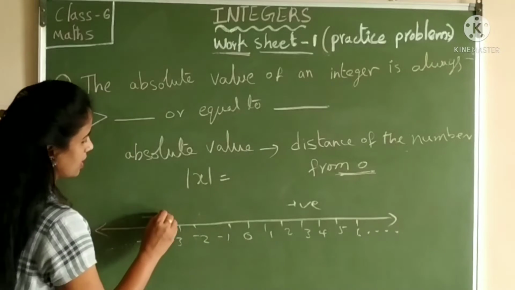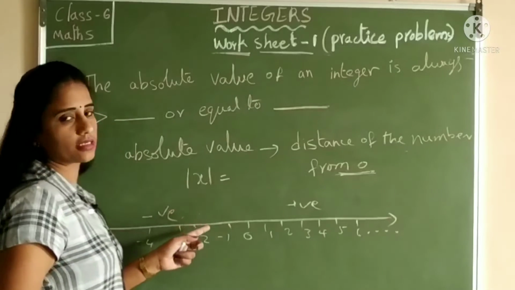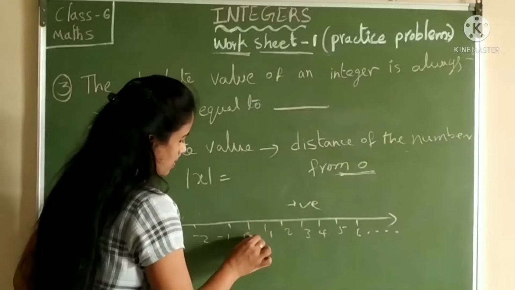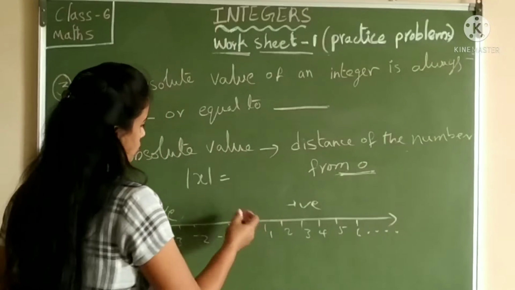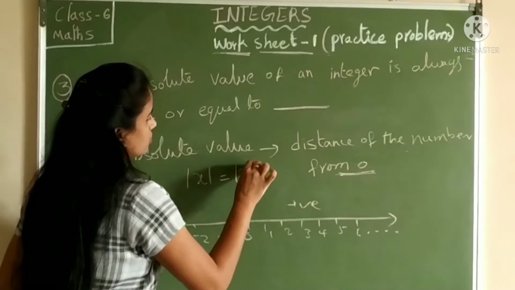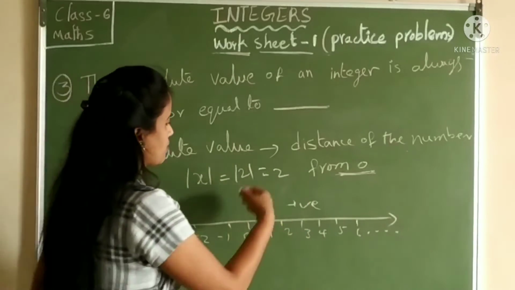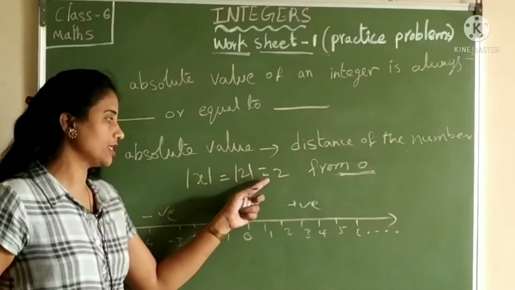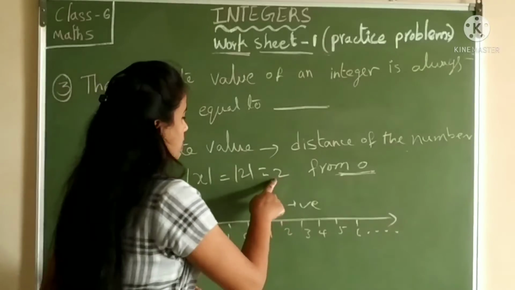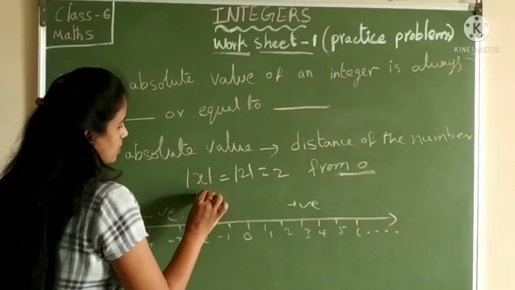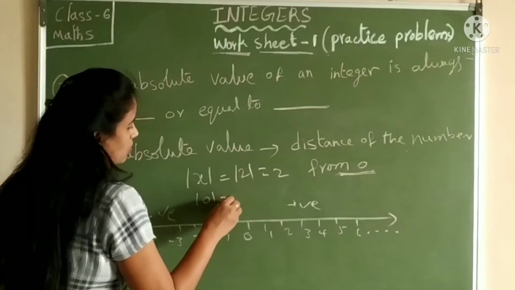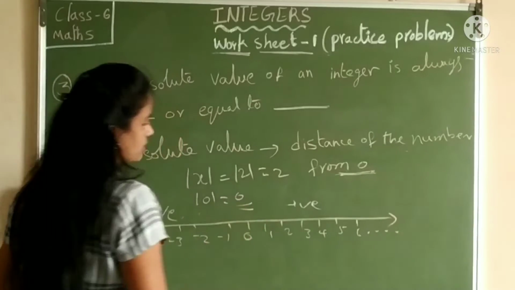Take any number from the number line. Suppose 2. Modulus of 2 is equal to 2. Plus or minus, you have to take it every time. Distance will be positive. Sometimes modulus of 0 is 0.